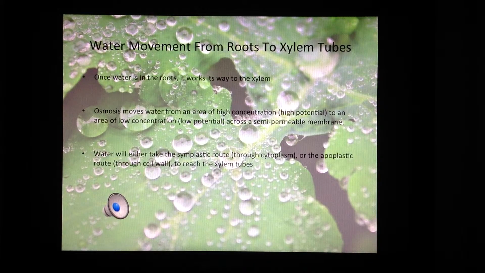Water will either take the symplastic route through cytoplasm or the apoplastic route through cell wall to reach the xylem tubes.